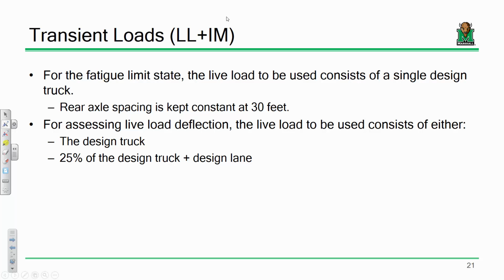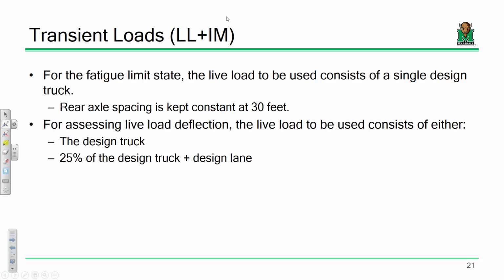So this is where I was saying your truck moments and your fatigue truck moments differ. With that rear axle at 30 feet, the moments are a little different, a little less. When you assess fatigue, it's just the truck, no lane and no tandem. And again, if you think I'm throwing a crazy amount of details at you, I am, but I got a really nice summary couple slides at the end.